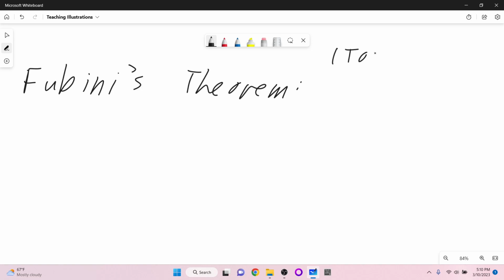Also sometimes called Fubini-Tonelli, two Italian guys who worked on it together, I guess, or maybe not together, I'm not sure. I'd have to look that up, how it worked.